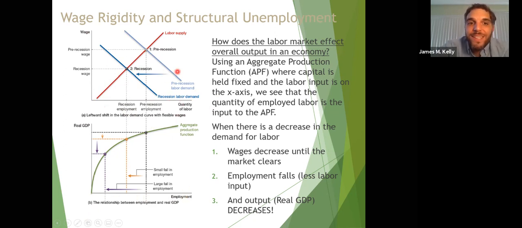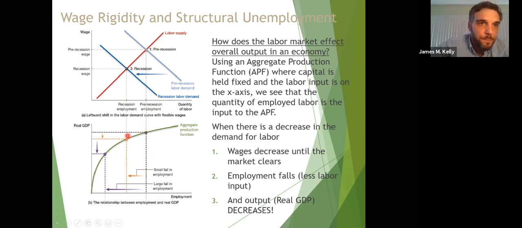Therefore, when we see a decrease in the demand for labor in the labor market, yes, it's going to reduce employment and drive down the wage rate, but its effect on the aggregate production function can be seen by the initial input level of labor. That's at this initial equilibrium before the decrease in demand for labor, and we can see that it intersects the aggregate production function right at this point here.